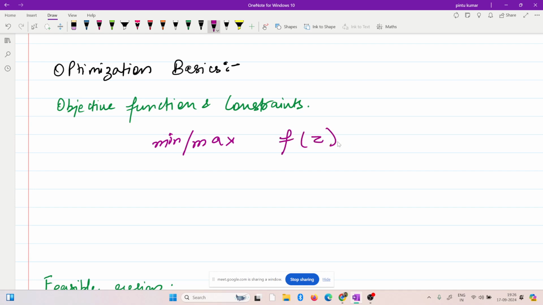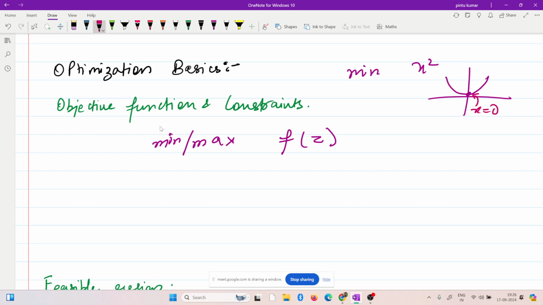This can be a function of a single variable or multiple variables. For example, if somebody asks you what is the minimum of x square, you will say that the minimum value is 0 and it is attained at x equal to 0. This was a pretty simple example, so you were able to say straight away.